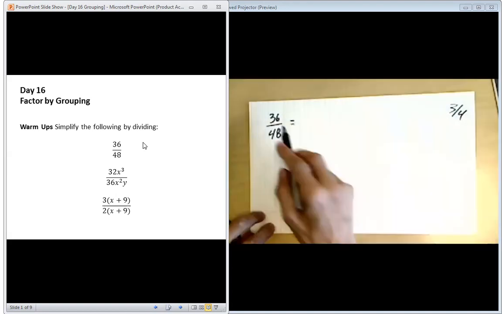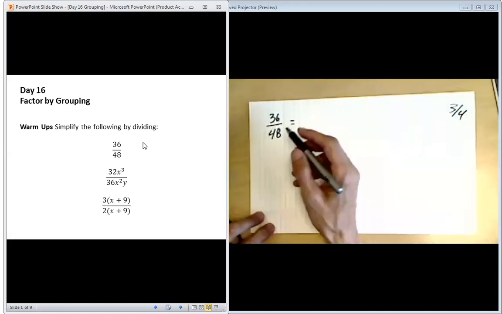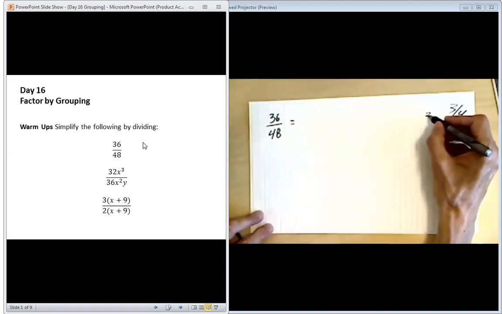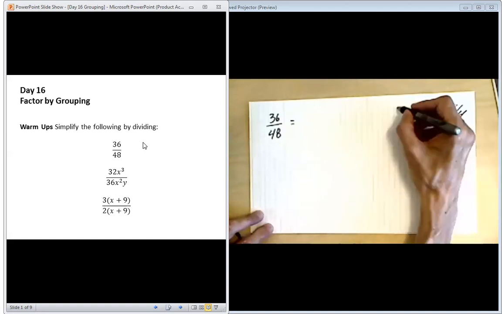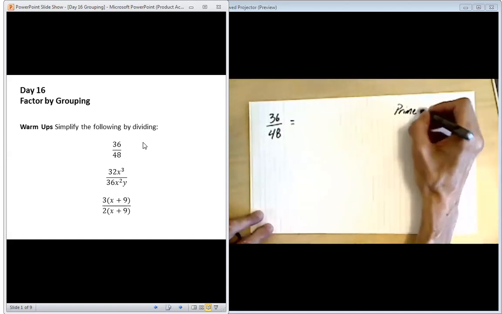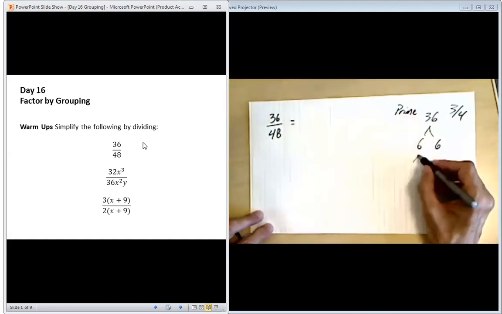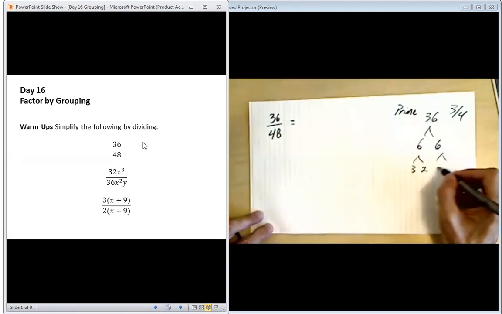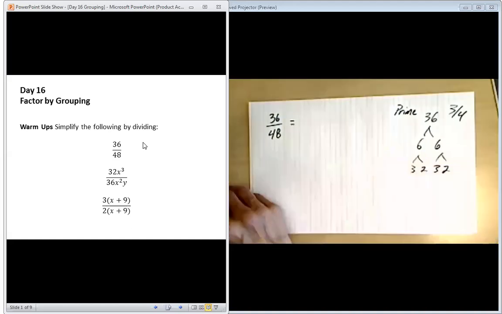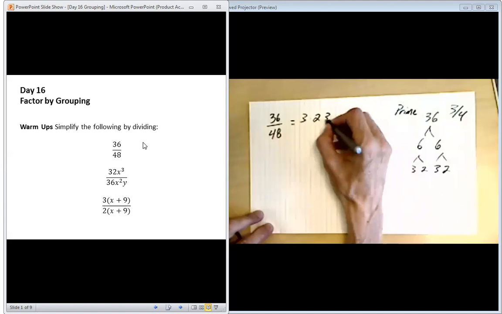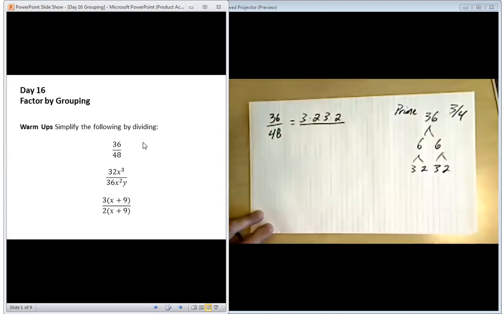So 36, you help me out. What's the prime factorization of 36? 6 times 6, yeah. 3, 2, 3, 2. Nice and fast, very good. Usually you put the same numbers all together, but this is okay for now.